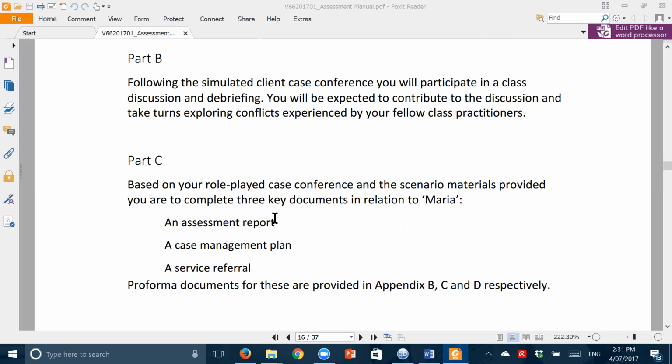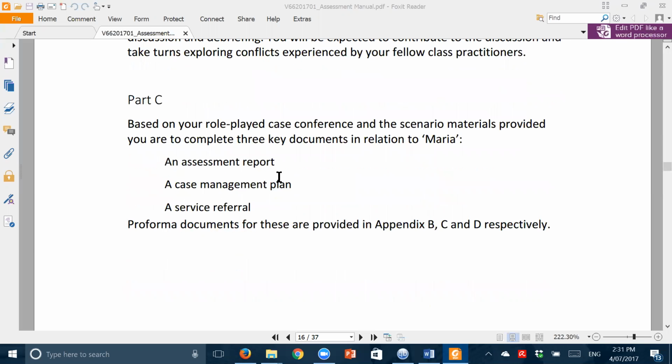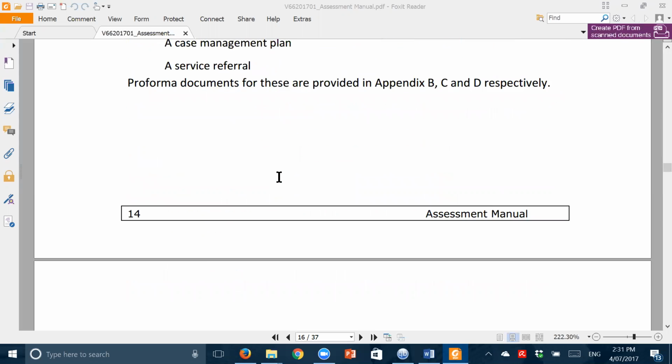This is a real service, not a fake service, and you contact them, look online, get their details, and then you create a referral form, and you add these 3 documents in week 10 to the assignment forum, because that will be where you hand in your assessments.